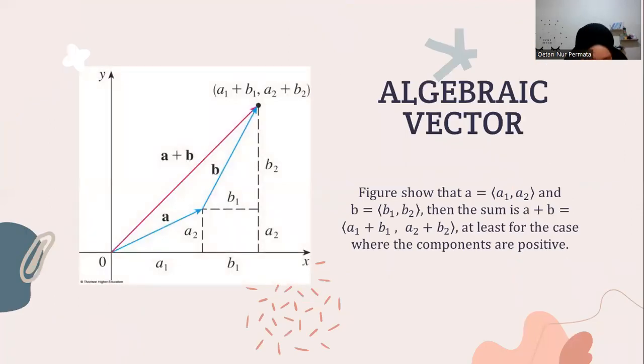Algebraic vectors. The figure shows that a equals ⟨a1, a2⟩ and b equals ⟨b1, b2⟩. Then the sum is a plus b equals ⟨a1 plus b1, a2 plus b2⟩, at least for the case where the components are positive.